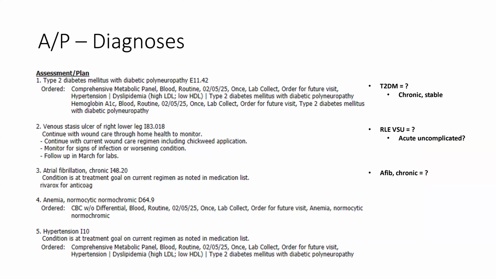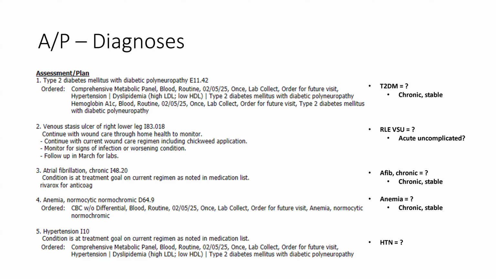So chronic AFib, obviously stable, documented as stable, so chronic stable. You refer the... Anemia. And anemia is not specified as to whether it's stable or not. It's not changing anything, so it's therefore stable.